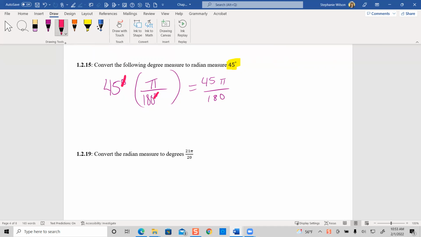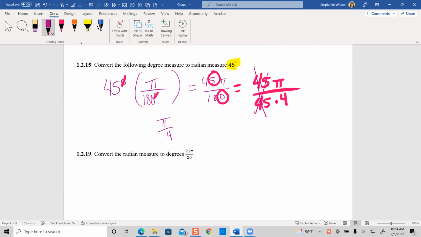If it doesn't always work out that well, then you can say, oh, it ended in 5, let's try 5. This ended in 0, we can try 5s to reduce. But in this case, I saw that 45 times 4 is 180, and I was able to just reduce those two. So that leaves me with pi over 4, and that is my answer in radians.